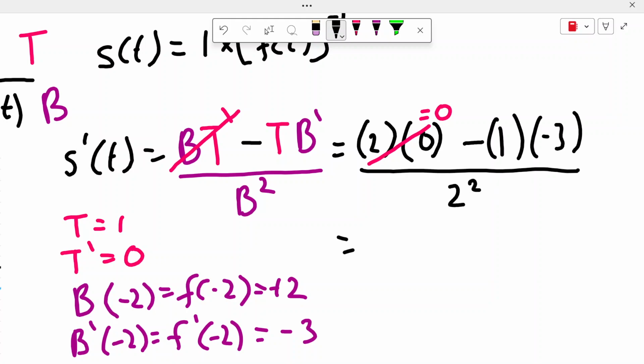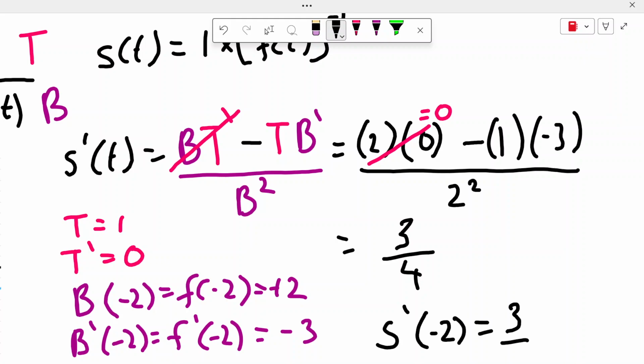So that is equal to minus 1 times minus 3, which is 3, divided by 4. And that is our answer. So that is the gradient: s prime at minus 2 is equal to 3 on 4.